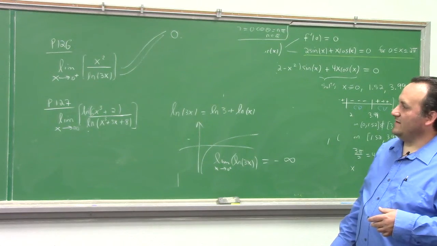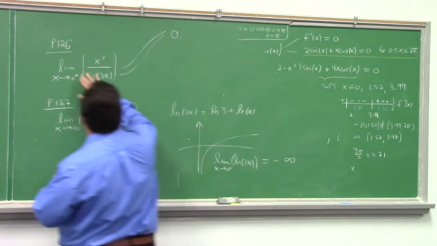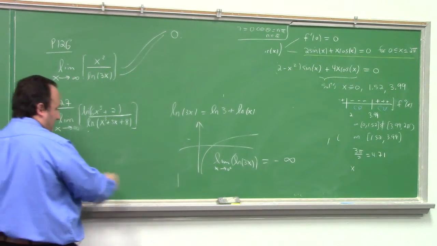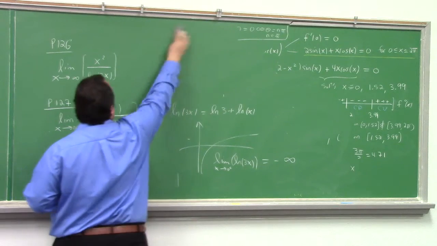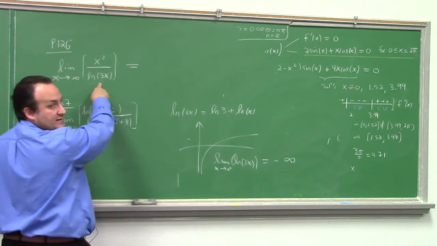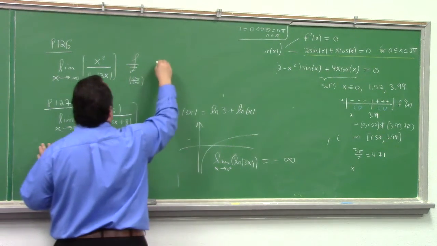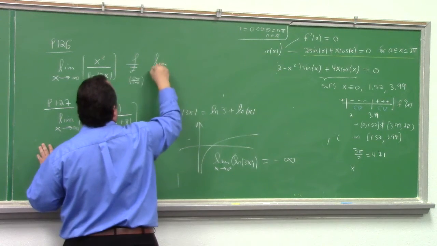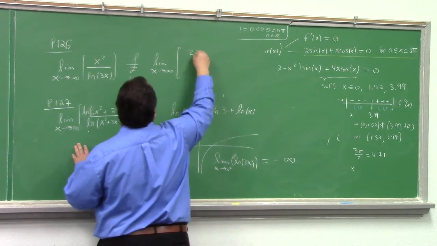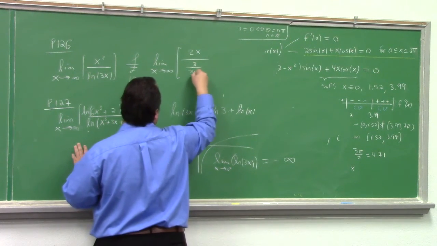I might have meant to put infinity here as well. If we put this as infinity instead of 0, then it might make a more interesting problem. Because if I put infinity there, then this is going to infinity, that's going to infinity. We can do L'Hopital's rule, type infinity over infinity, and we get limit x goes to infinity of 2x over 3 over 3x, right?